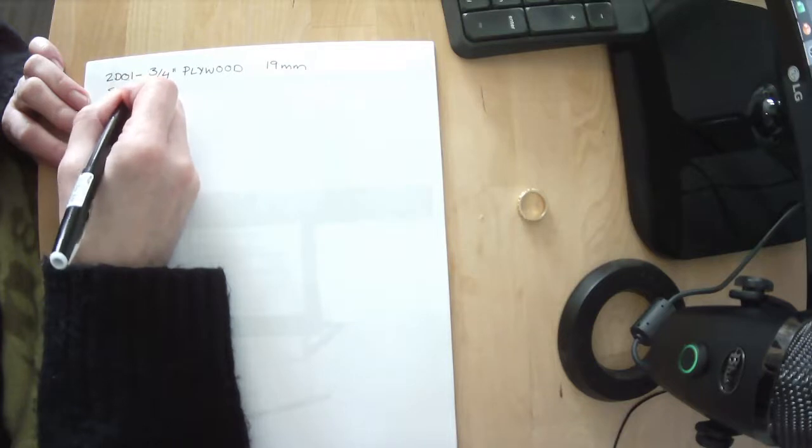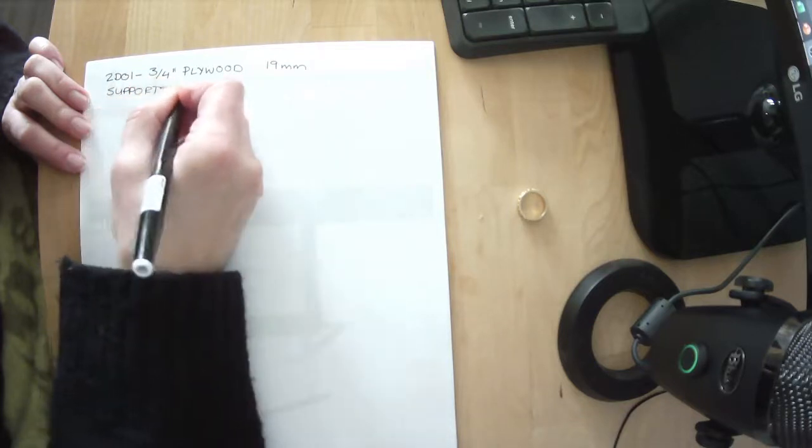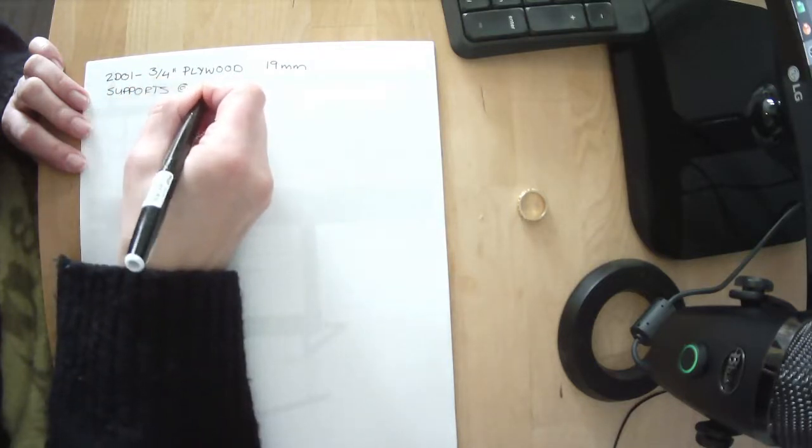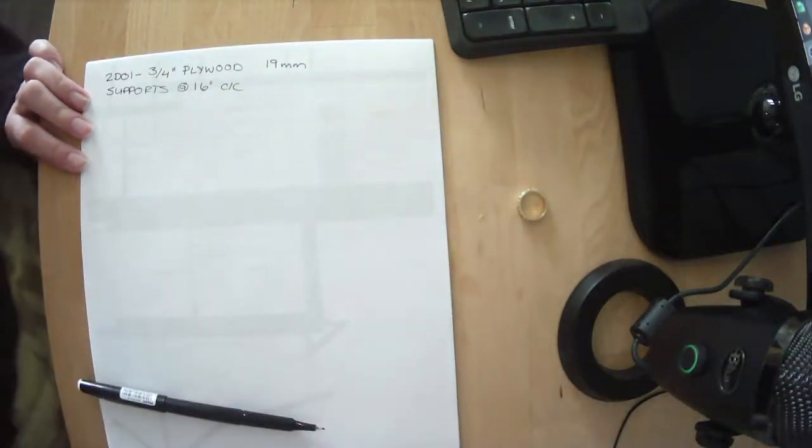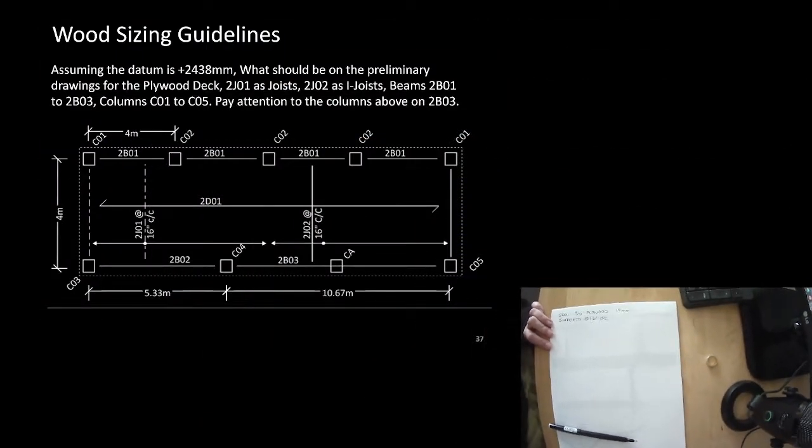So supports at 16 inches center to center, because we know it's typical. Oh, and actually they even told us directly in the question. Look at this. They said 2J01 is at 16 inches center to center, and 2J02 is at 16 inches center to center. So it looks like that matches exactly what we would have thought was appropriate anyway.